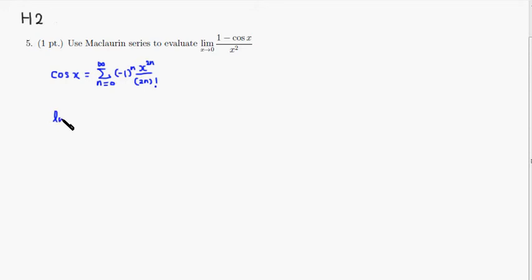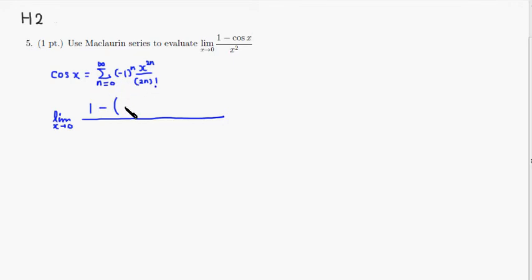The limit as x approaches 0 of 1 minus cosine. I'm going to write a few terms, maybe it's easier to see.